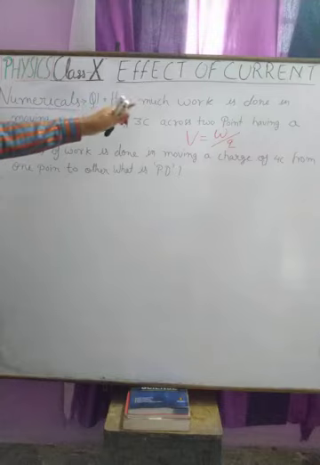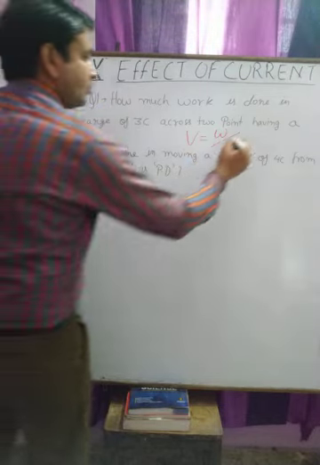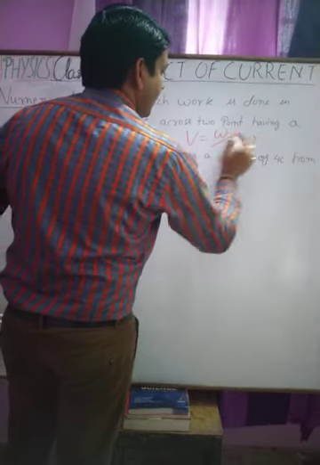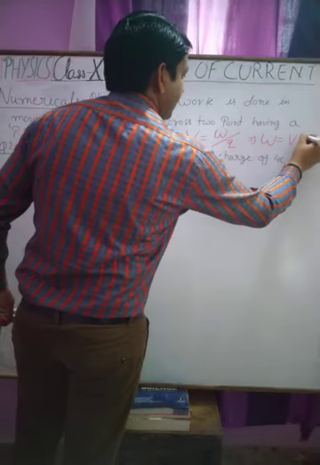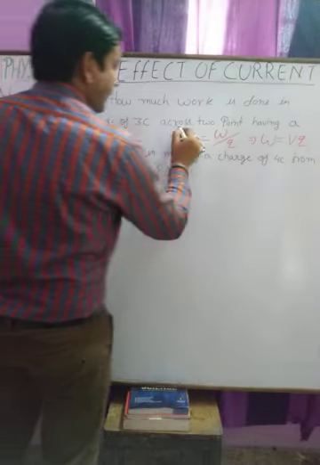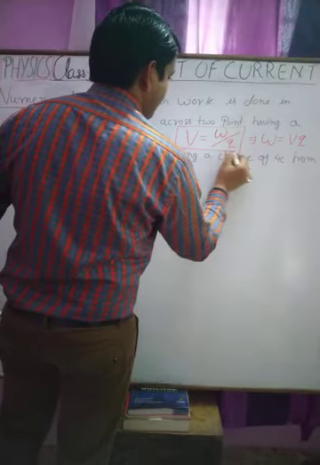Because we have to calculate the work done, we are using this formula for the work done, that is V into Q. Okay student, remember these two formulas for solving these types of questions.